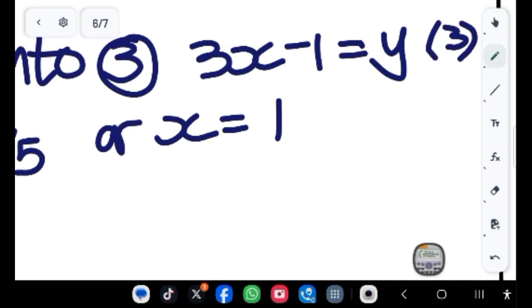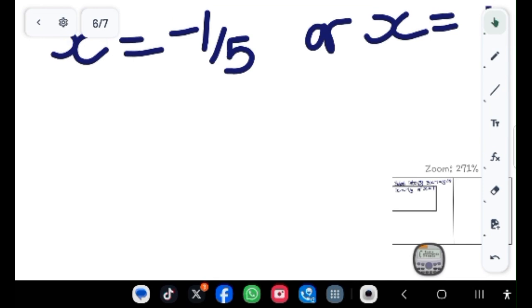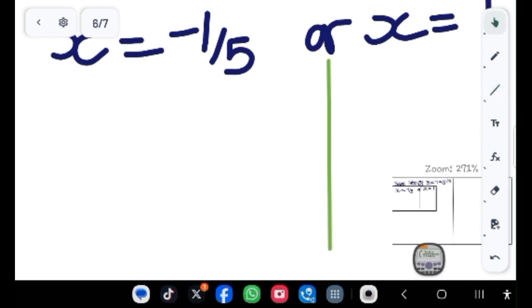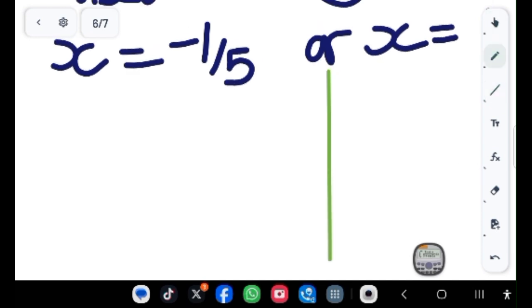Now when x equals negative 1 over 5, let's draw a line of division so you can see for yourself.